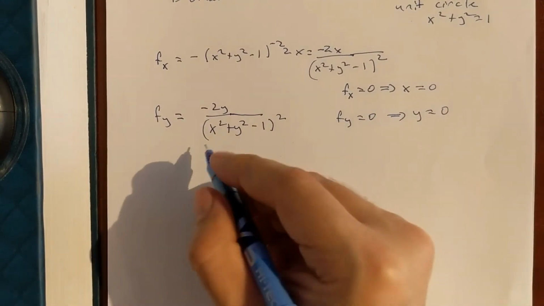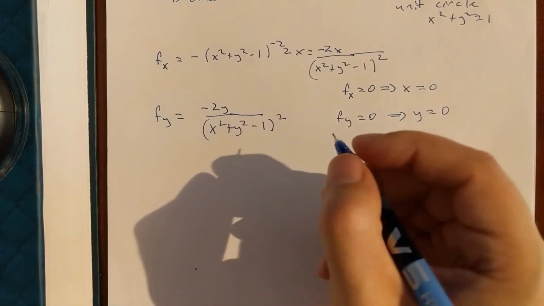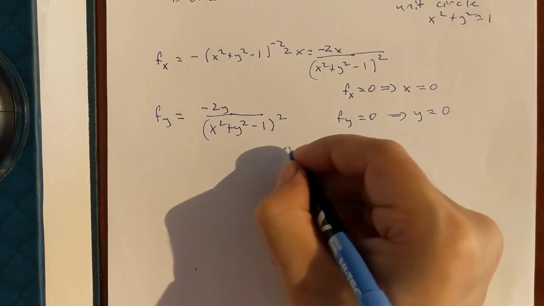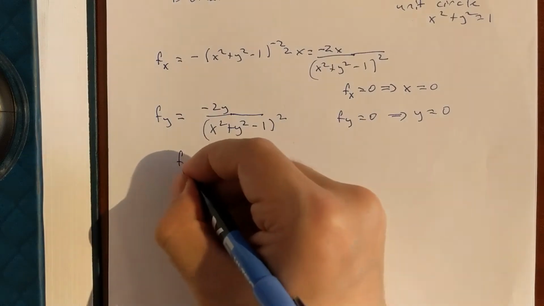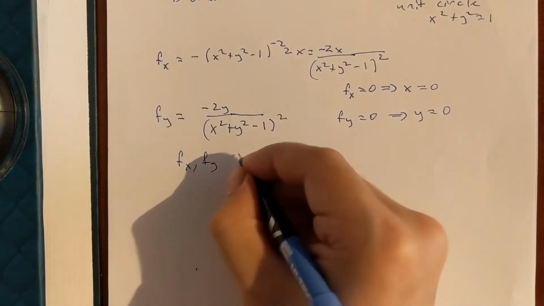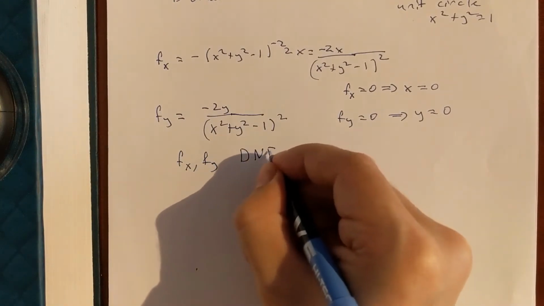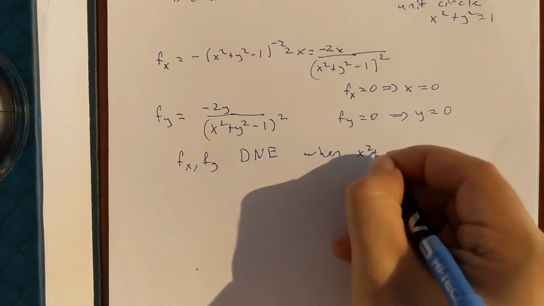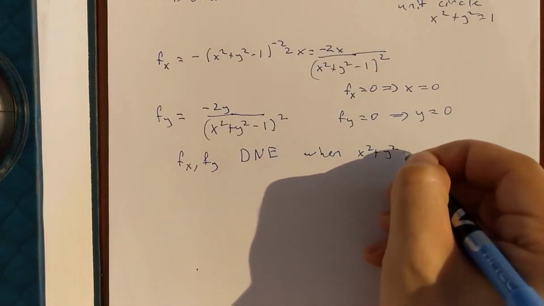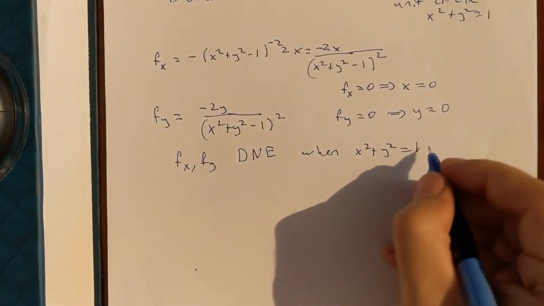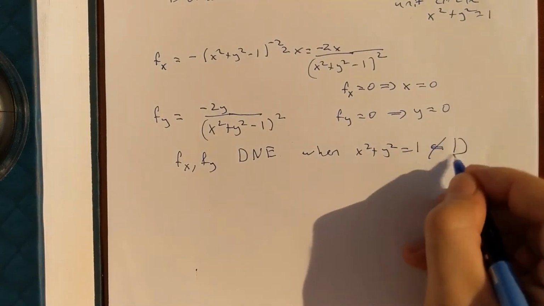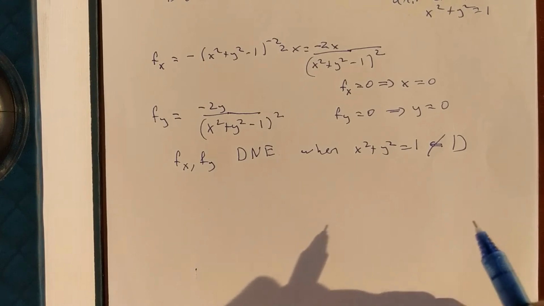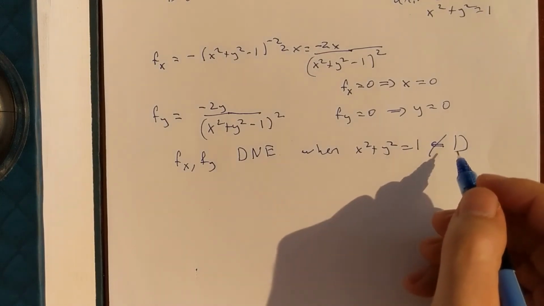Of course, it could also be a critical point when f sub x and f sub y don't exist. When do they not exist? They do not exist when we're on the unit circle, when the bottom is 0. But those points were not in our domain, so we don't need to consider that.